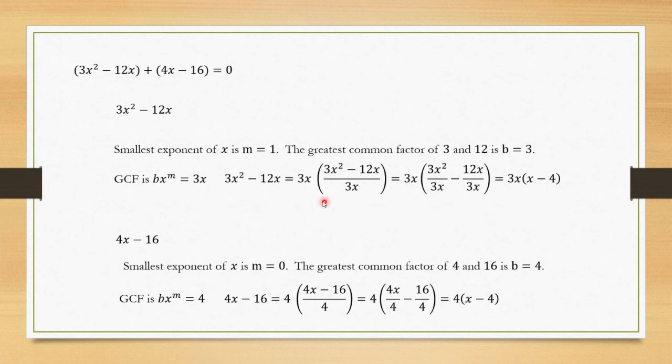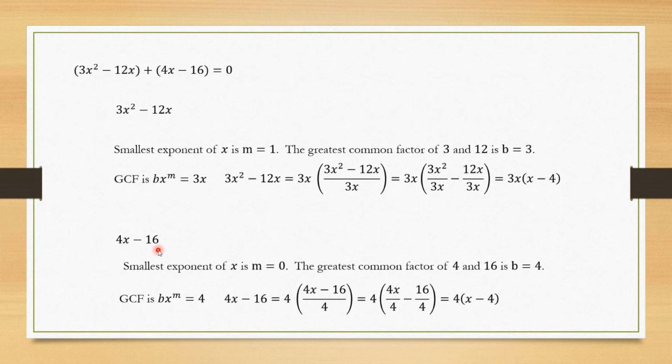Again, I'm showing more steps than you have to show, so I err on the side of caution. 4x minus 16, as you can see, it's the same idea. Namely, for the GCF of this, there's a non-zero constant term, so we can't factor out x, so I'm taking m to be 0. 4 is a factor of 16.